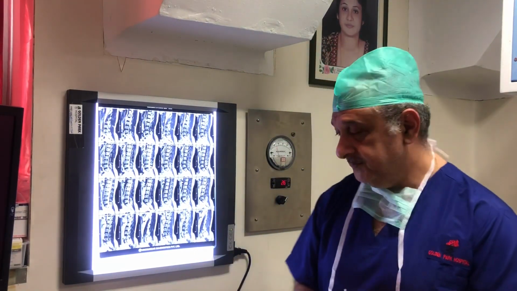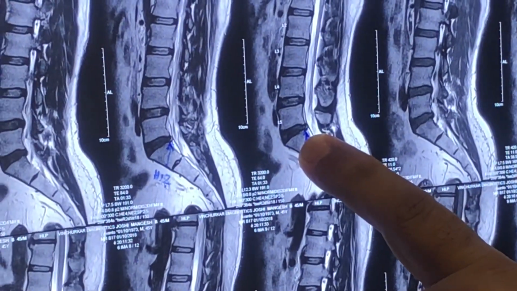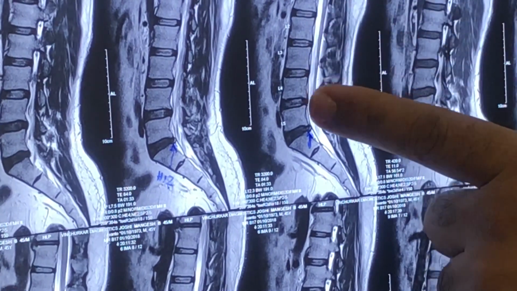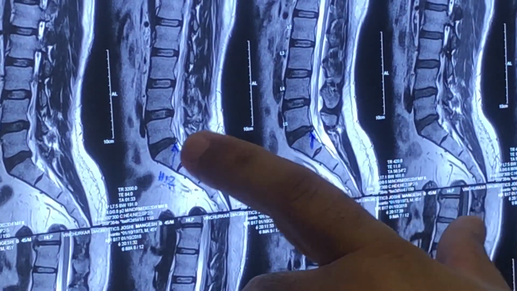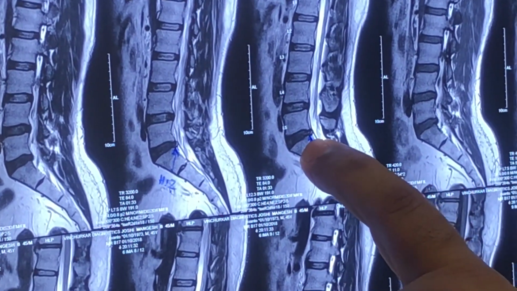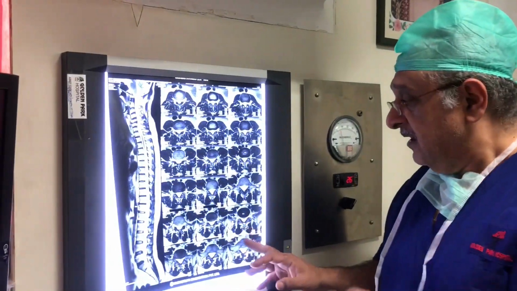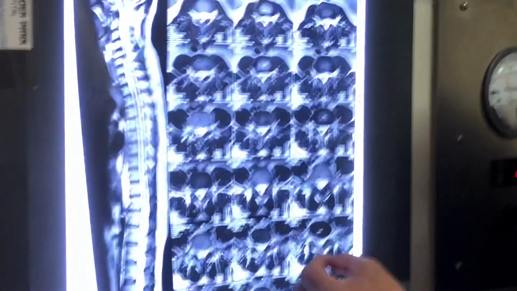I will now show it to you. As you can see here, the L5S1 disc compared to the other discs is a black disc, and there is a high intensity zone seen in the posterior part of the L5S1 disc. In these actual images, the disc has lost its normal concavity.